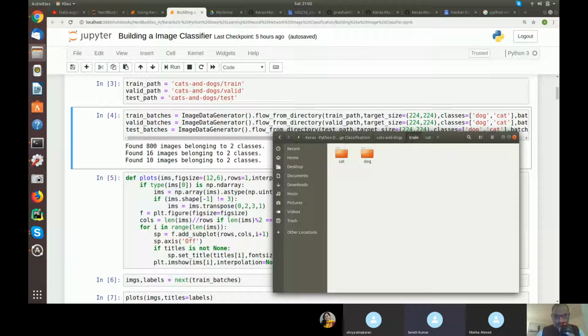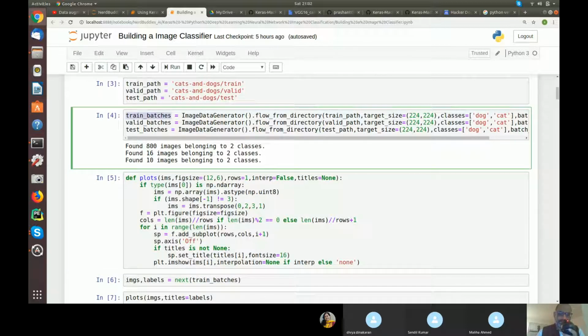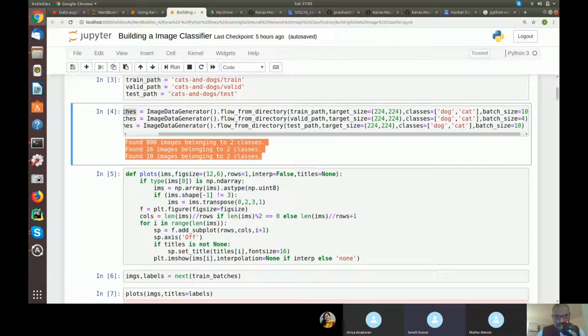Why did he say batch size is 10 and 4 and 10? When it pulls the data using these variables, it'll pick 10 and 4 and 10. You can have it any way you like. It should just be a divider of the actual number of images in that folder. I only saw 79 images.